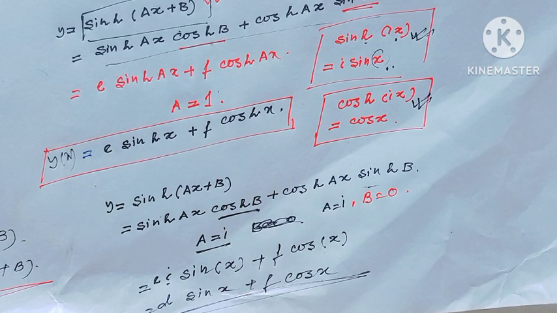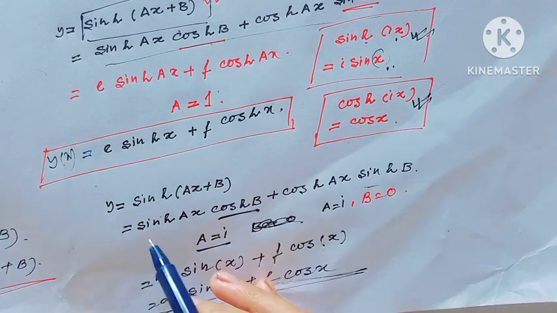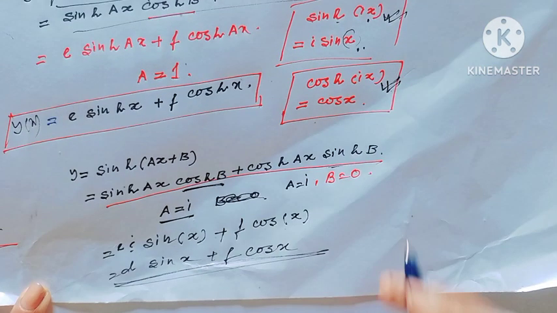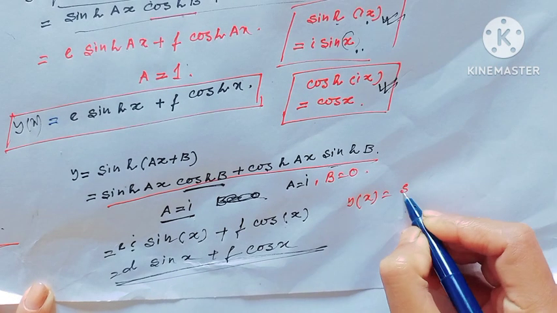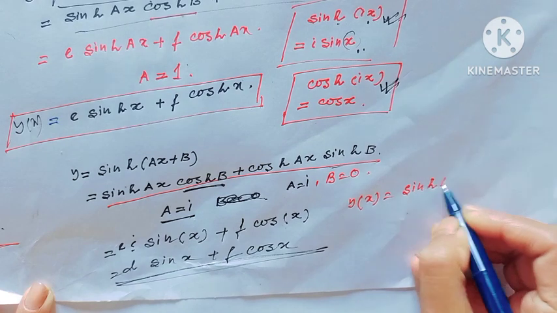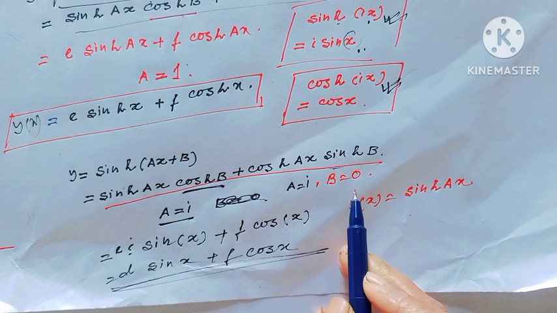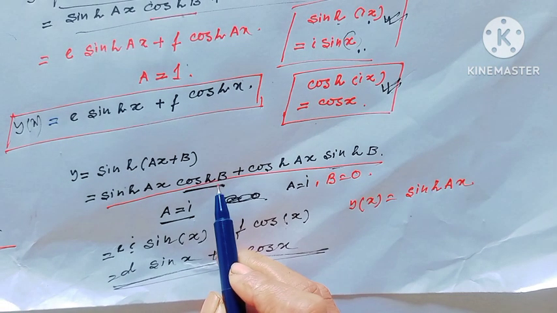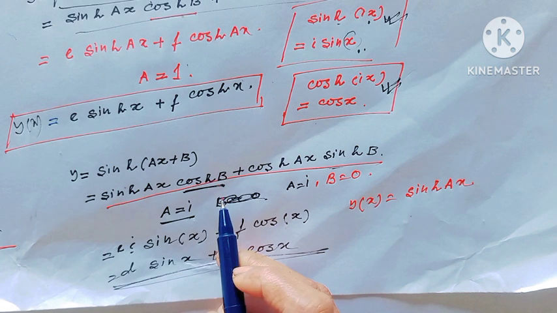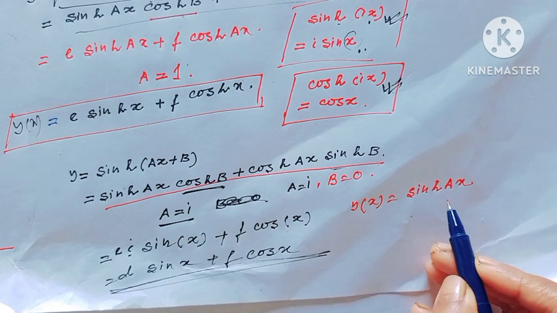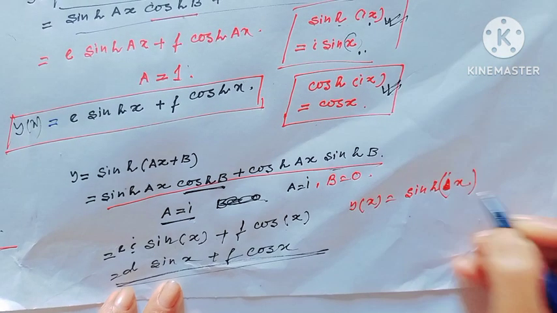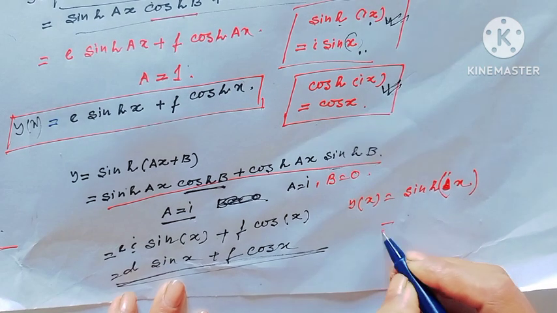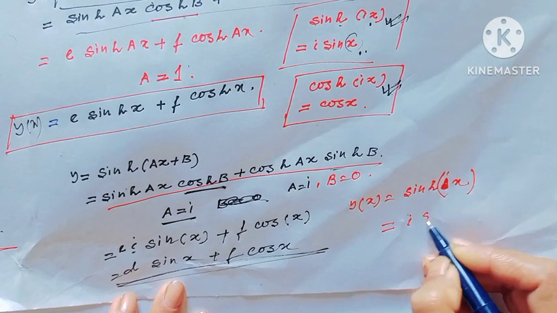If we consider a equal to i and b equal to 0, then from this expression we can write y of x equal to sine hyperbolic ax. Since b equal to 0, cos hyperbolic 0 means 1. Only I will get, a equal to i, that means sine hyperbolic ix, and sine hyperbolic ix means i sine hyperbolic x.